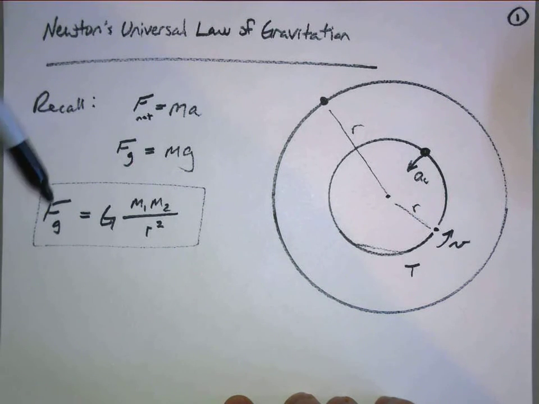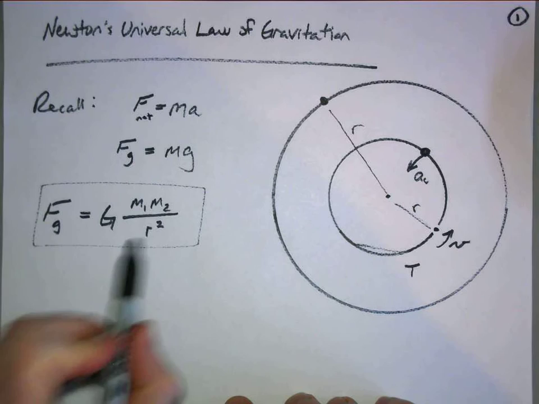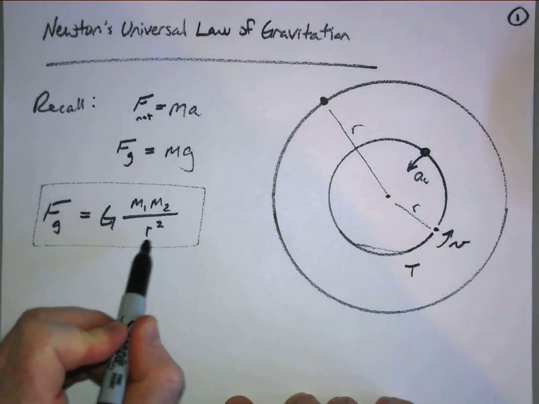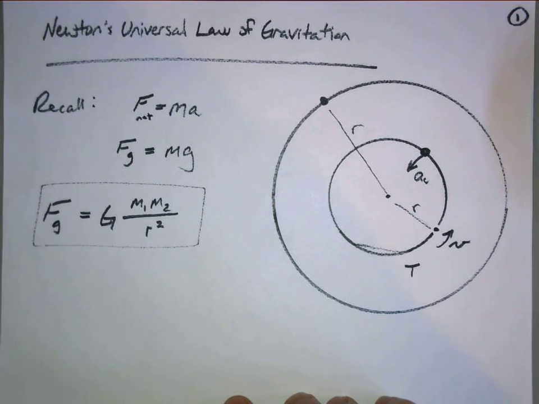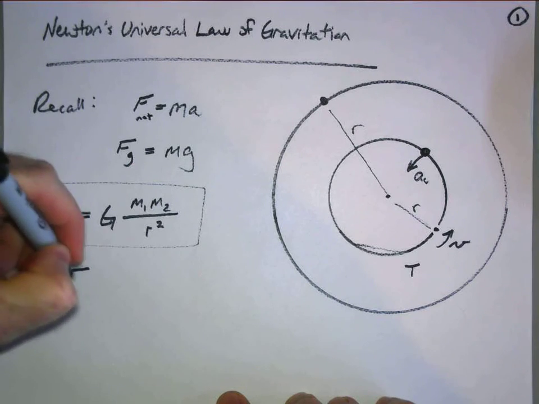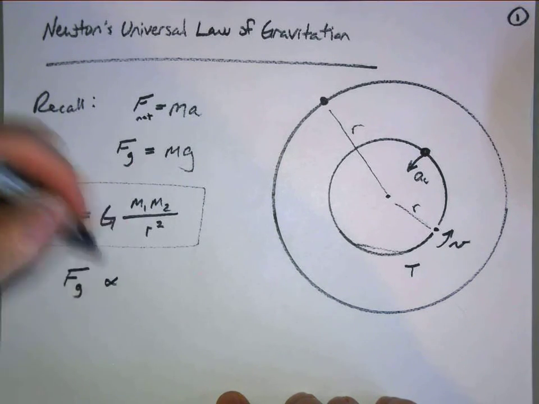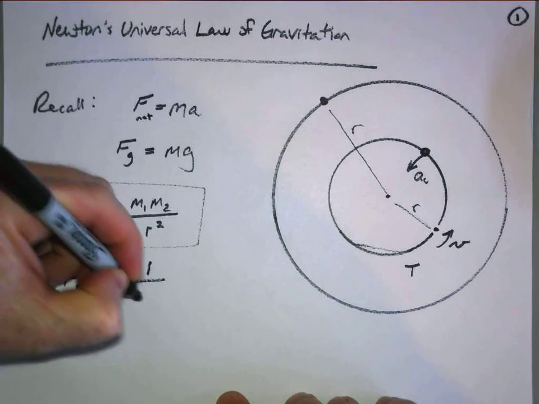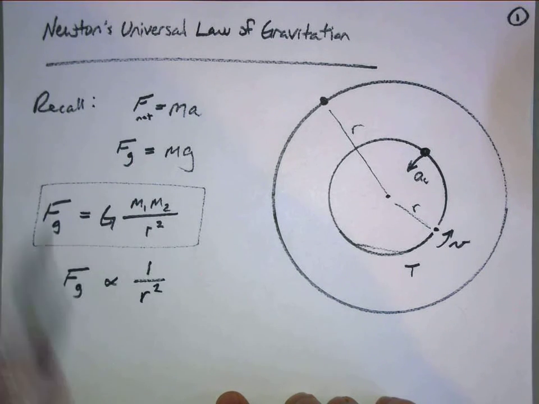But the force is also inversely proportional to the square of the radius. So there's a proportionality, there's a relationship here. So we can say force of gravity is proportional to the inverse of the square of the radius.